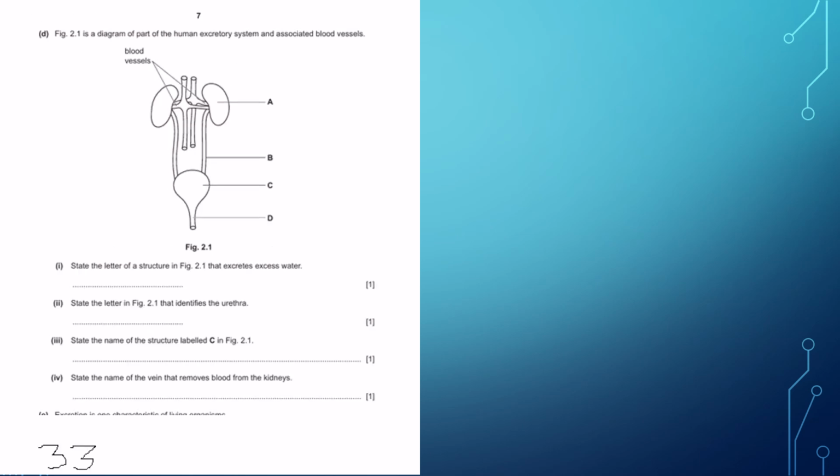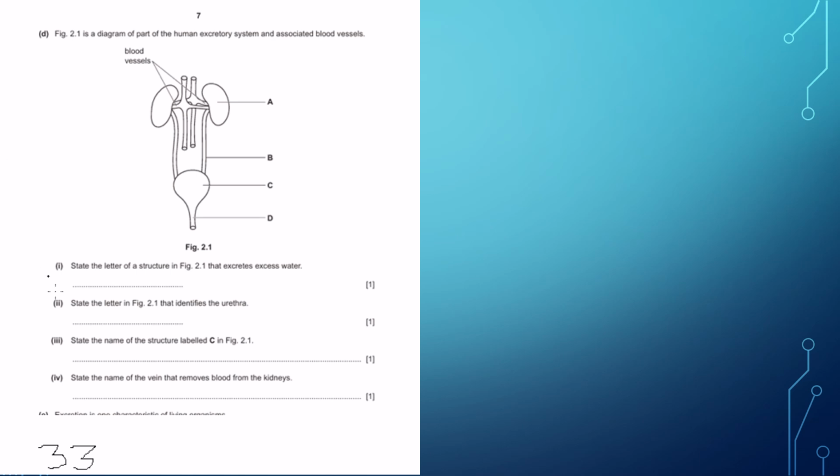So here's a question from the core exam, also from June 2024, which looks at our kidney and excretion system. And this one is basically the same as figure 13.2 in our book. Again, we just have to state the letter of the structure that excretes excess water.